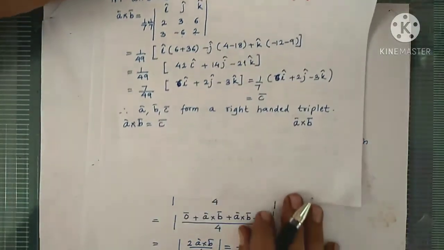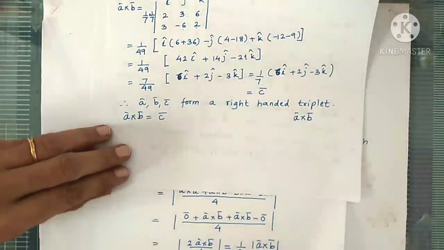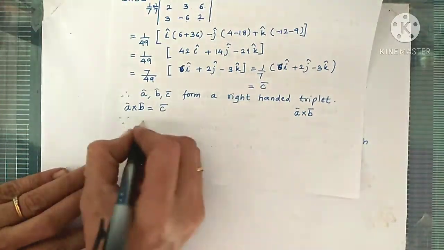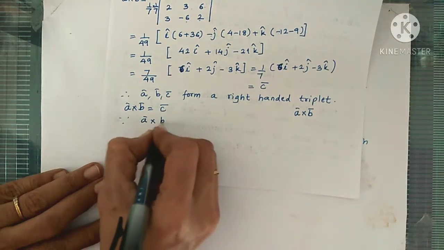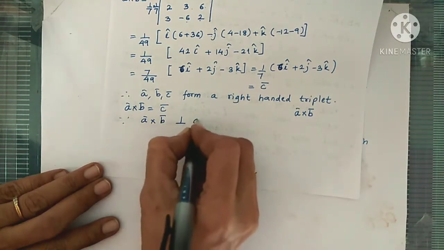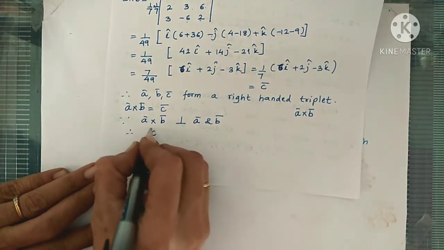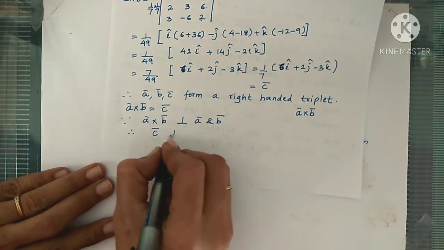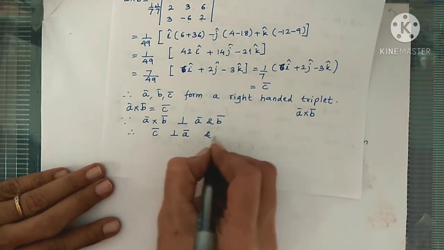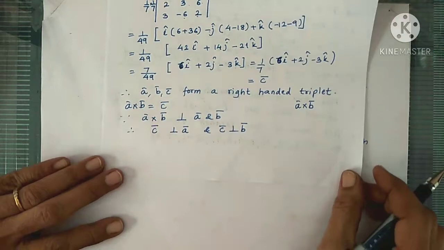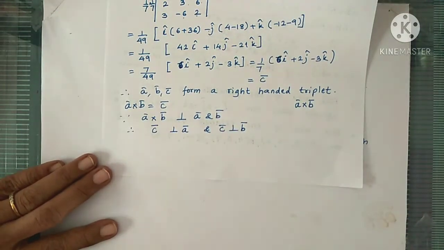So let's write that. Since A bar cross B bar is perpendicular to A bar and B bar, but A bar cross B bar is C bar, therefore C bar is perpendicular to A bar and C bar is perpendicular to B bar. While proving the right-handed triplet, we have proved this.